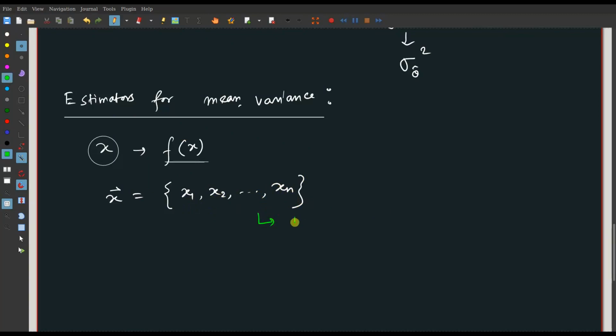So what can be an estimate or estimator, in the same sense, for the mean?